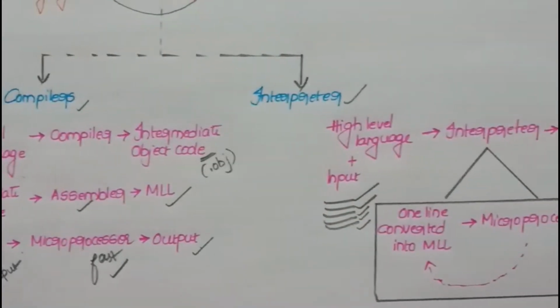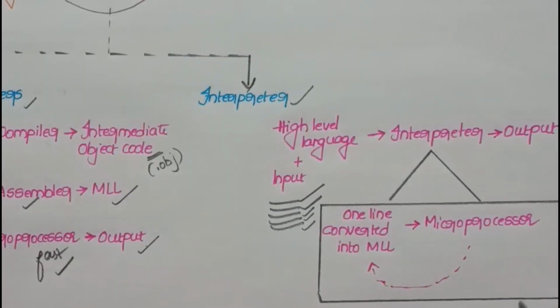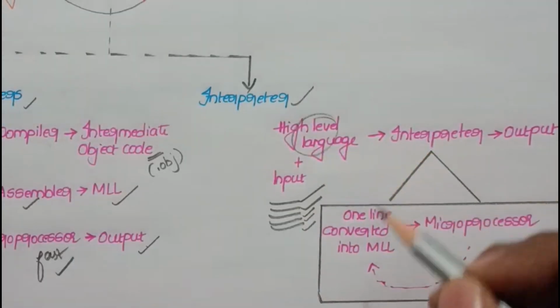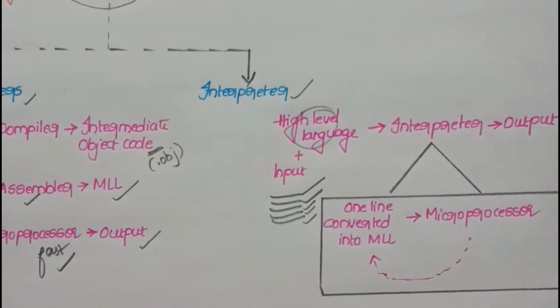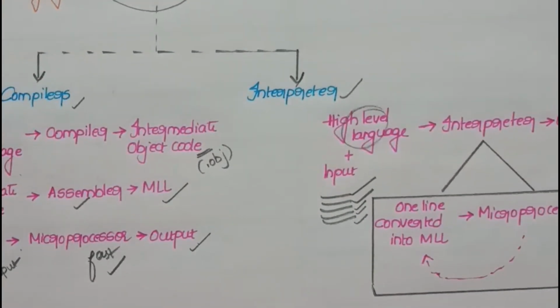But in the case of interpretation, since no machine level language is generated in the process, every time you want to see the output, the entire high level language should get converted into the machine level language line by line. This is the primary difference between compiler and interpreter.